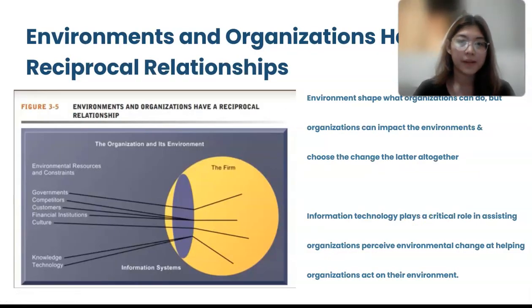Figure 3.5 explains the reciprocal relationship between environment and organization. Environments shape what organizations can do, but organizations can impact the environments and choose to change the latter altogether. Information technology plays a critical role in assisting organizations to perceive environmental change and helping organizations act on their environment.